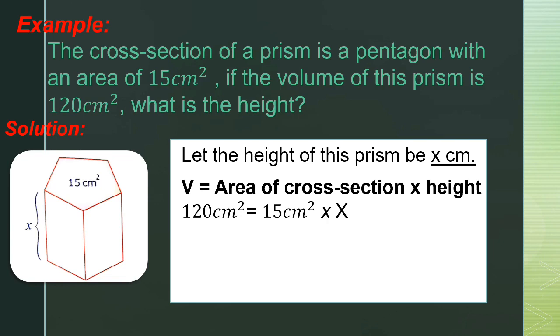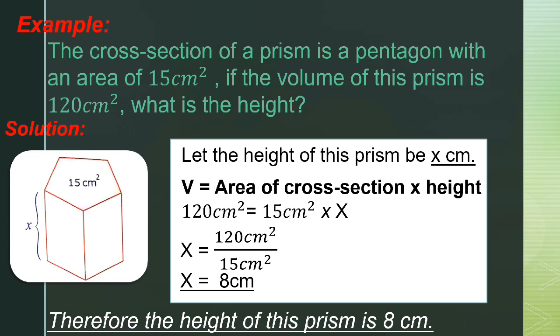So we have 120 is equal to 15 times x. So x is equal to 120 over 15, and it is equal to 8 centimeters. Therefore, the height of this prism is 8 centimeters.